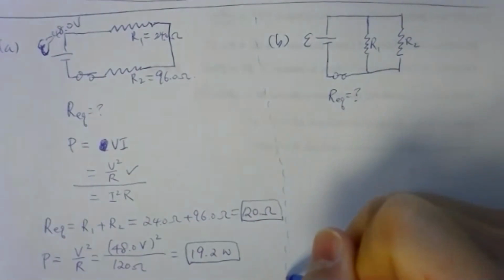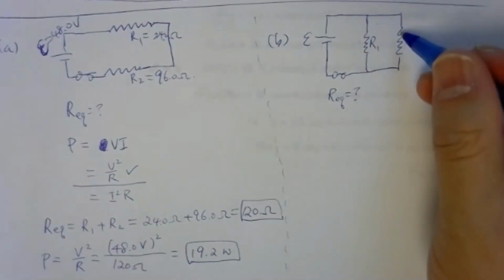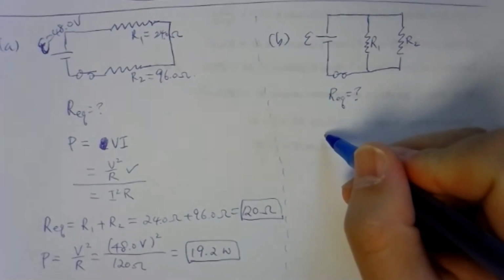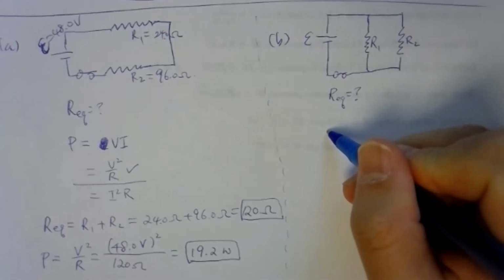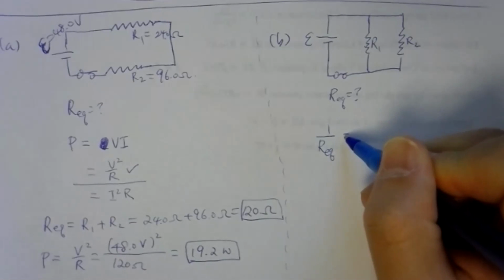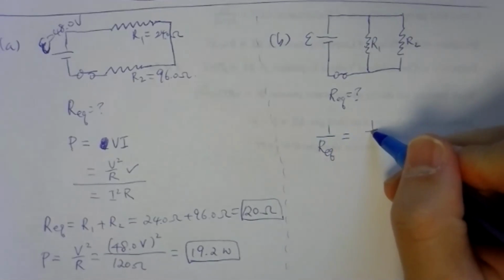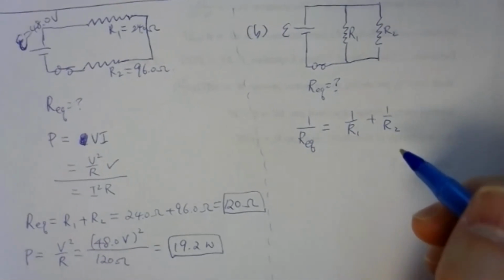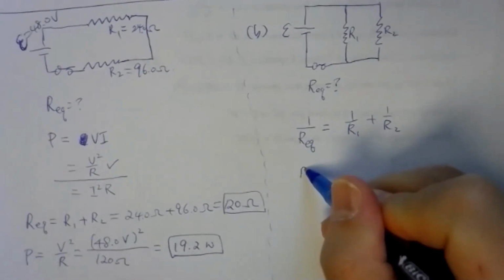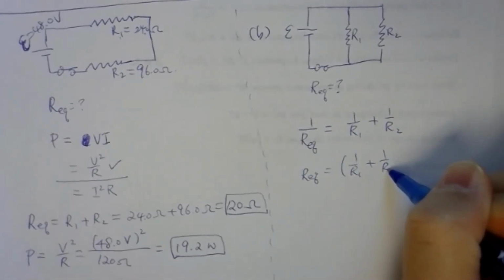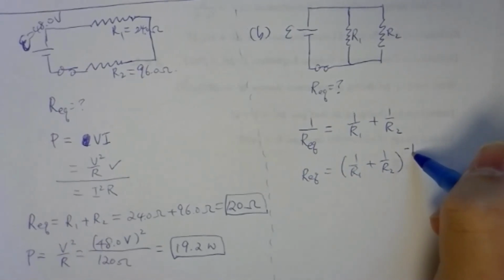Now on part B, the two resistors are in parallel. So this time, for the equivalent resistance, 1 over R equivalent should be equal to 1 over R1 plus 1 over R2. That's the equation to use. To calculate this, you want to take the inverse of 1 over R1 plus 1 over R2.